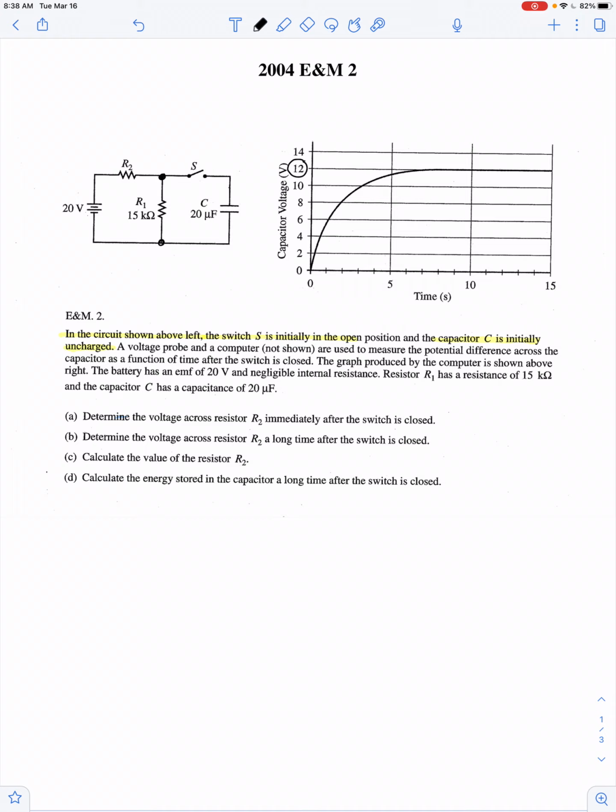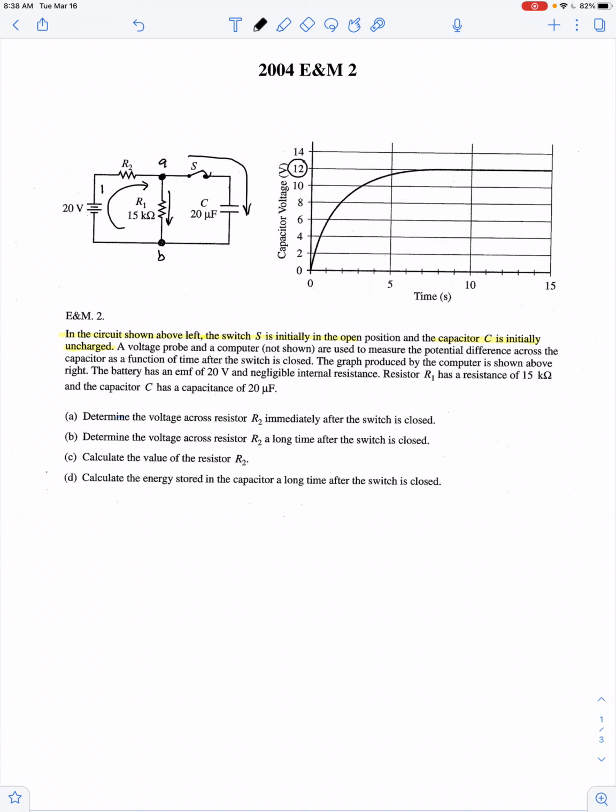Identify the junctions. When the switch is first closed, there's going to be some current flowing through the battery. Whatever the current through the battery is the same current that flows through R2, and then that current reaches a junction. Now, it's going to split up. Some of the current could take the path between junctions A and B by flowing through 15,000 ohms of resistance, or in the initial condition, the current could take this second path.